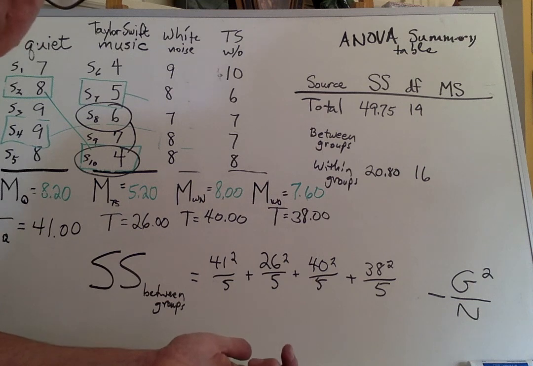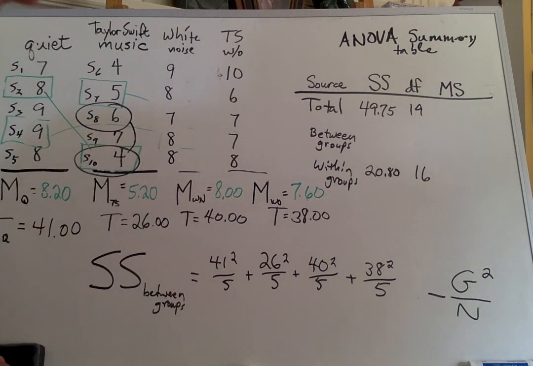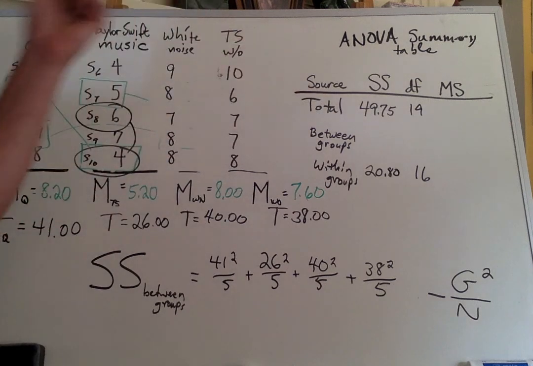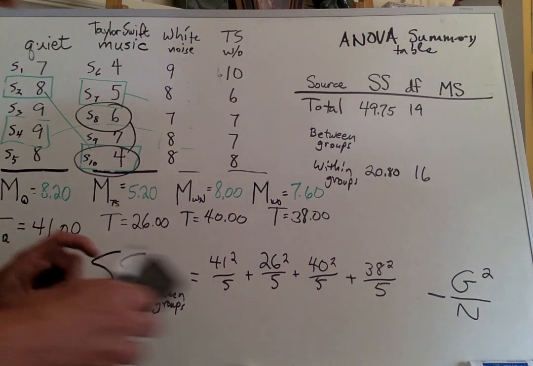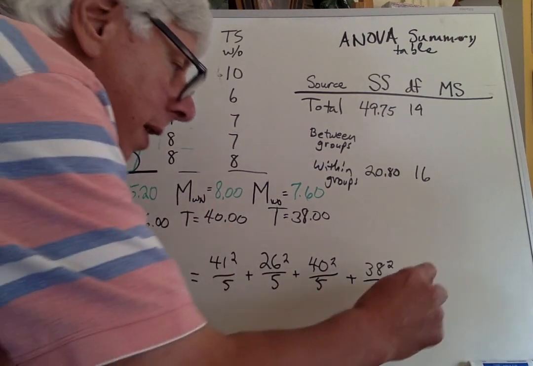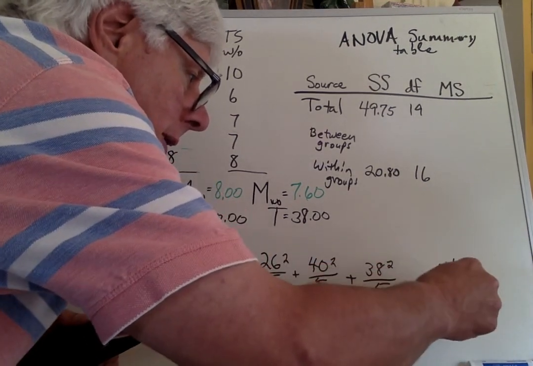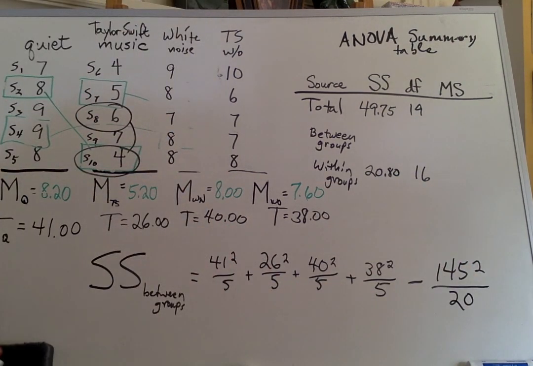Why are we doing it by hand here? I want you to see where these numbers are coming from. So G is the grand total of everything, and it's going to be 145 squared over 20.